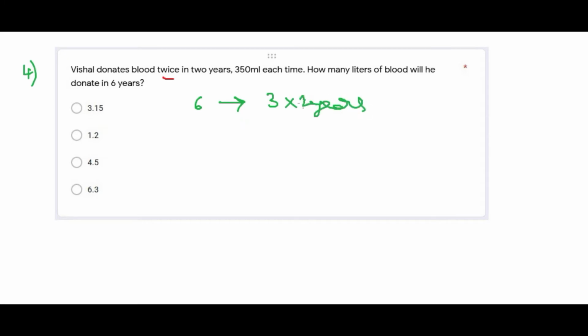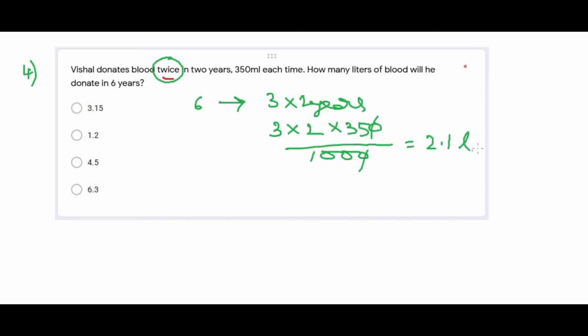For 2 years he will donate twice, so it will be 3 into 2 into 350 ml, divided by 1000 because we want liters. 35 into 2 is 70, 70 into 3 is 210 divided by 100, so it will be 2.1 liters.